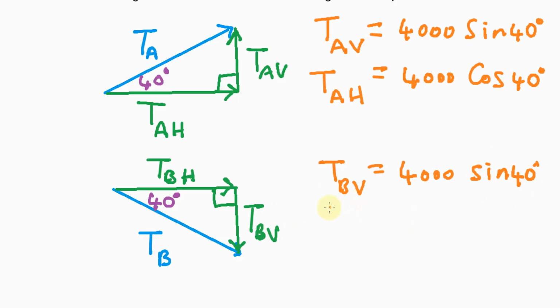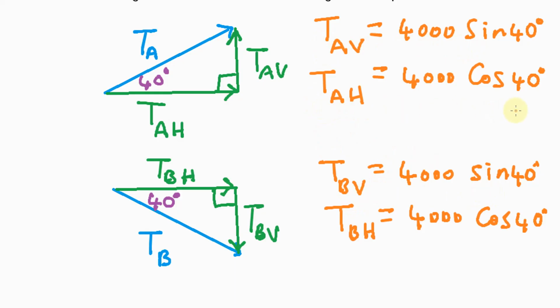And then TBH, the horizontal component of cable B, or the tension in B, will be 4,000 cos 40. So we can see that the vertical components of the tension in A and in B are numerically the same, but we know they're in opposite directions. So the vertical components will cancel.